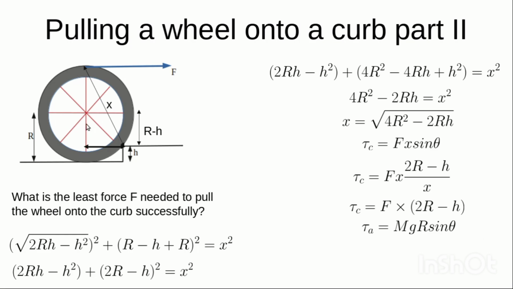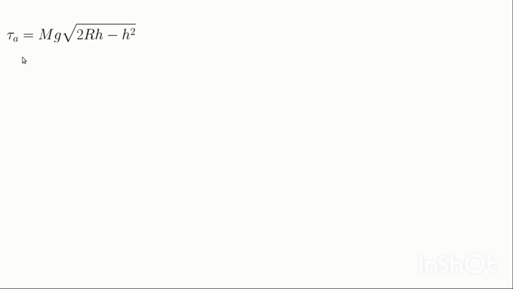And our sine theta is this angle here, because the weight is acting on this line here. To find this angle, we need opposite over hypotenuse. This particular distance is already known, which is this expression, all over r. So we have mgr times this inner expression all over r. So r cancels r, and we have our anti-clockwise torque equal to this expression.